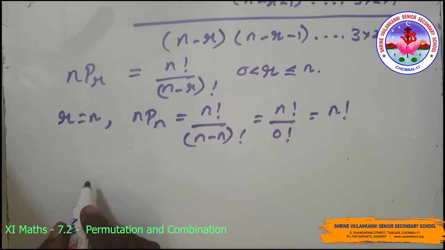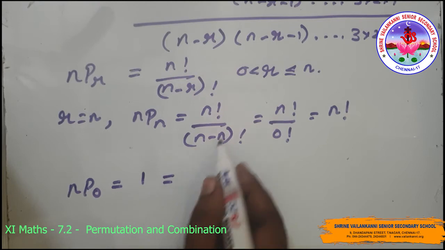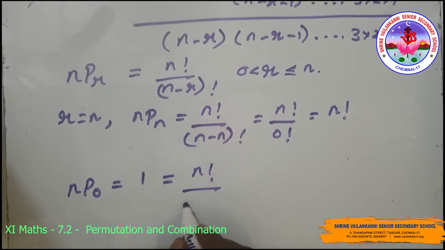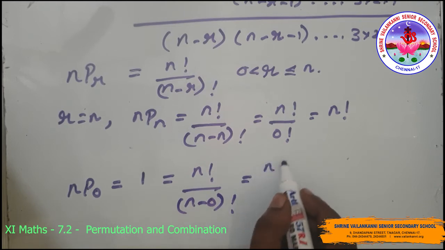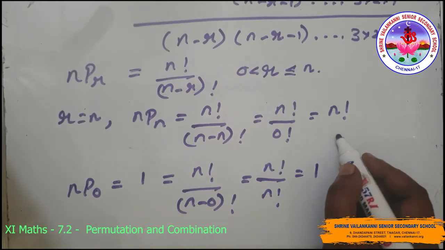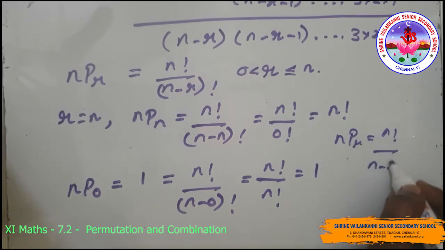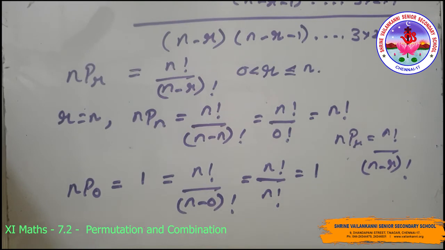Then arranging no object at all, that is nP0, which is 1. Using this formula, n factorial by n minus 0 factorial, which is n factorial by n factorial, which is 1. So nP0 is 1. So therefore nPr is n factorial by n minus r factorial.